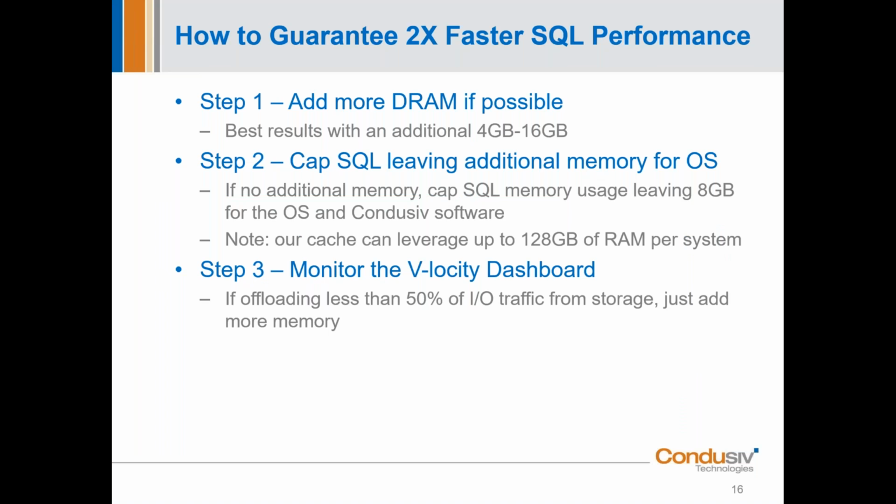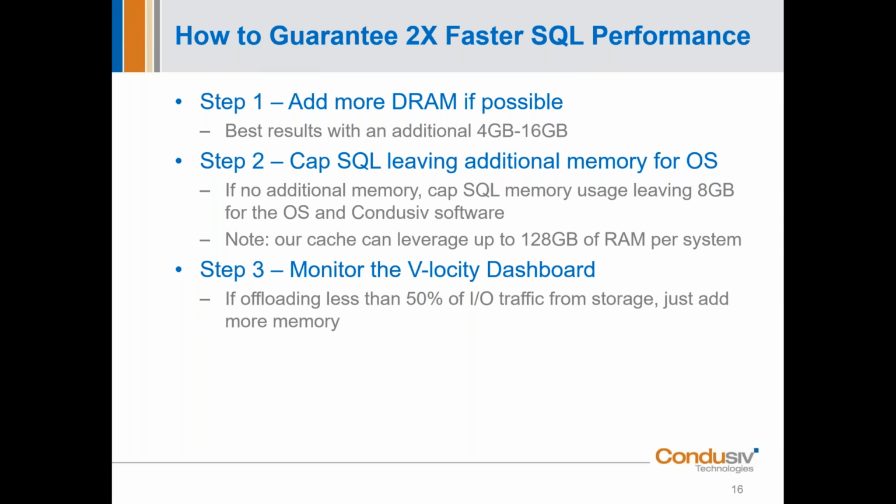So how do you get 2x faster SQL performance? We've talked about our DRAM caching engine, and one of the first best practices around improving performance is to add more DRAM if necessary. We need at least 3 or 4 gigabytes of free and available memory to begin to build a cache.